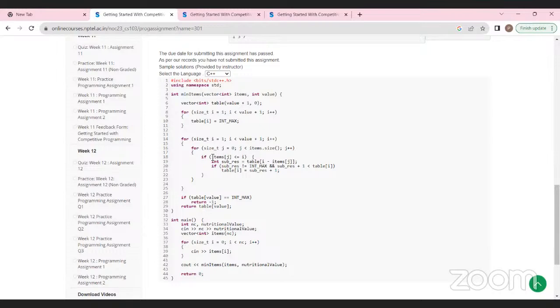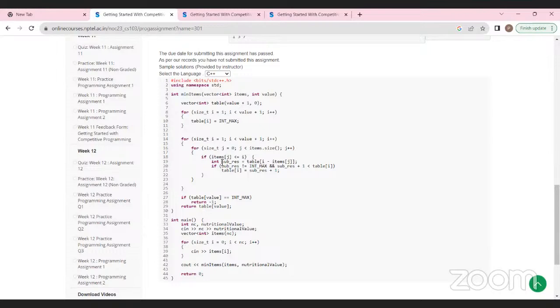And what you do is check whether the item's nutritional value is less than the value that you're actually browsing.